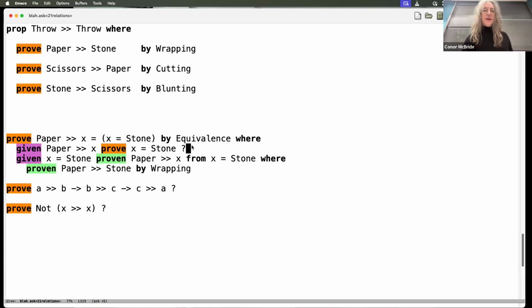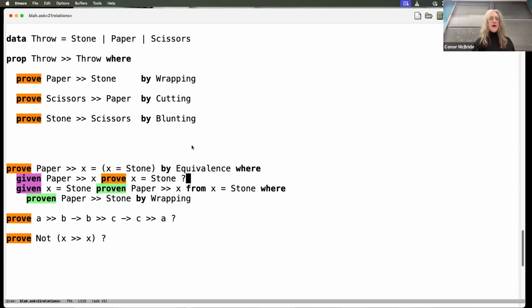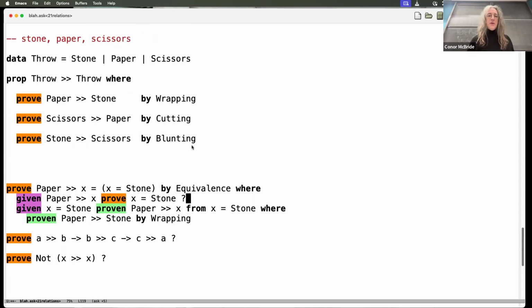Okay. Now, how about the other way around? Well, here, the point is that when we defined the beats relation, we gave the 3 rules by which one throw beats another. And those are the only ways one throw can beat another.